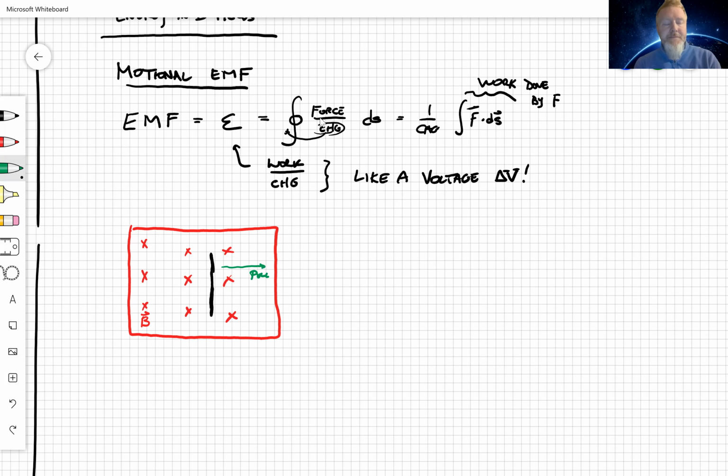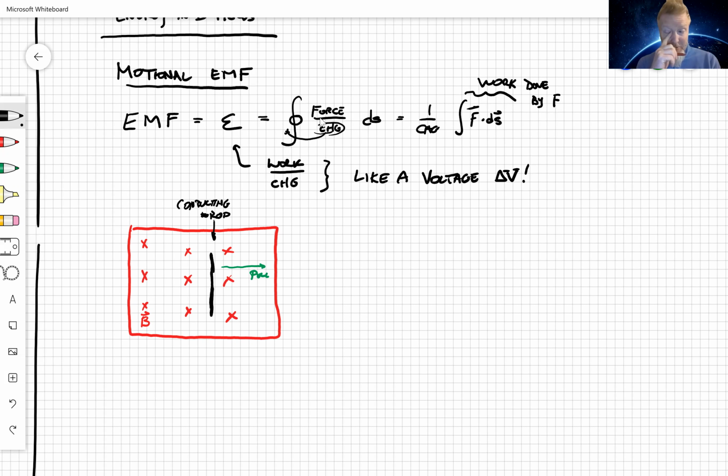I'm going to pull, and I'm going to do work when I do that, okay? So what's going to happen to this conducting wire, which I will label, how about conducting rod? That's better. Conducting rod. Okay, so we're going to pull it to the right.